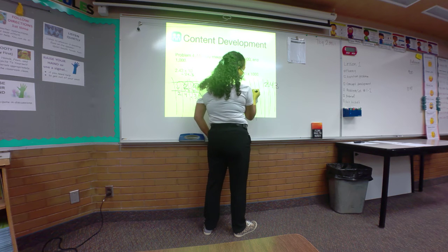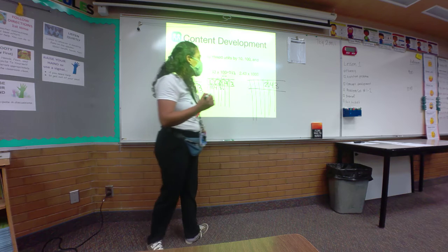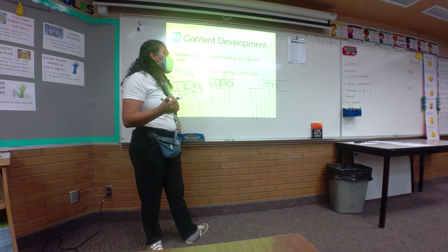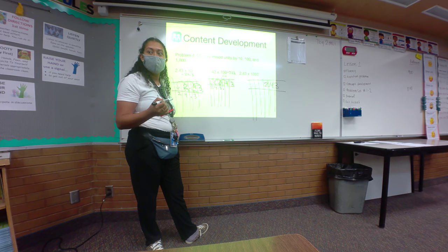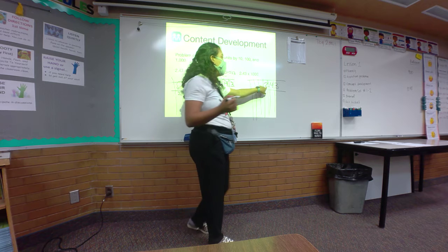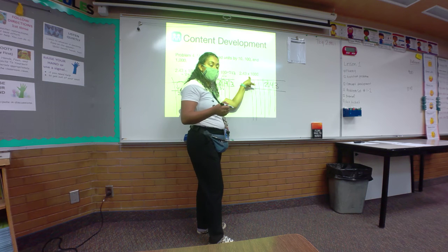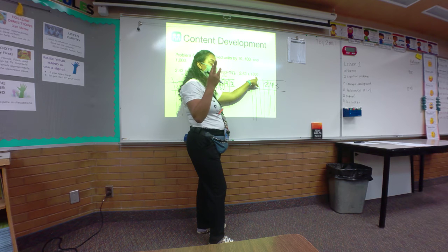Okay, ready? So each digit we're going to multiply by 1,000. How many powers of 10 are in 1,000? 3.